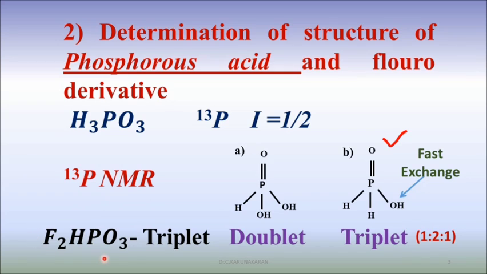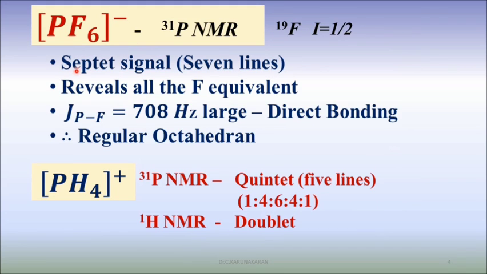Similarly, the structure of fluoro derivatives is also obtained. What is the structure of PF6 minus? It is elucidated using phosphorus 31 NMR. Sorry, previously I said 15; it is phosphorus 31 NMR.